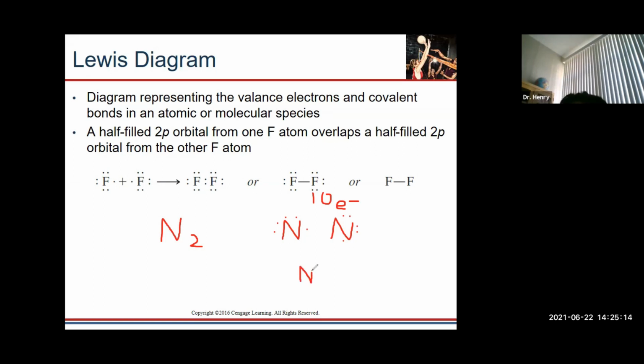So you're saying I put a double bond between it, so then that's 2, 4, 6, 8, 10, 12. That's too many. That doesn't work, right?